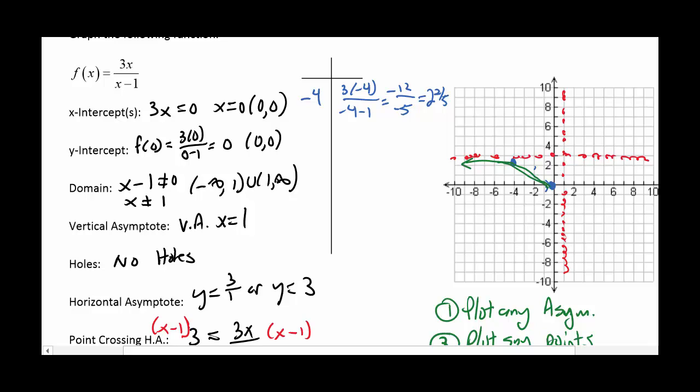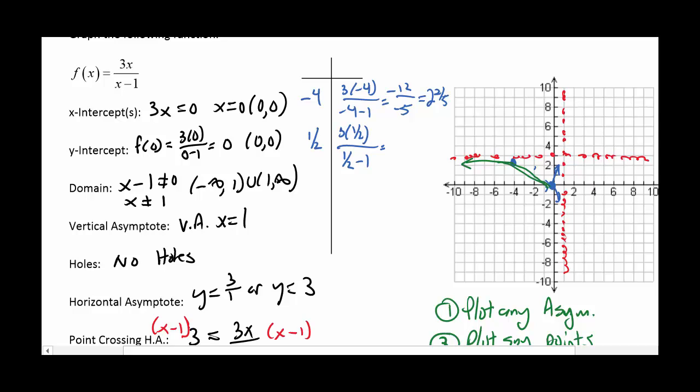The next question is, from after 0, is it going to curve up again, or is it going to go back down? So I want to pick something between 0 and 1, say a half, and see if that gives a positive or negative value. And I can already see what's happening.